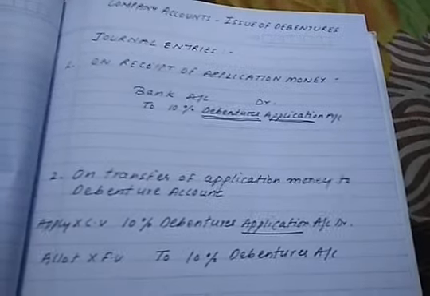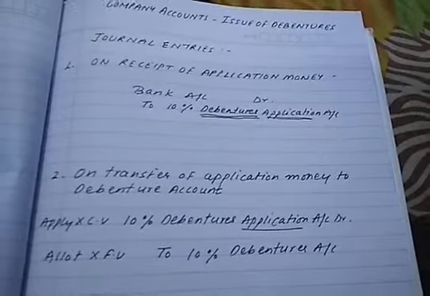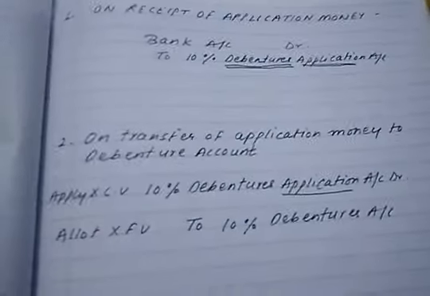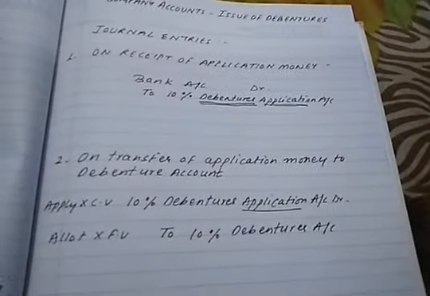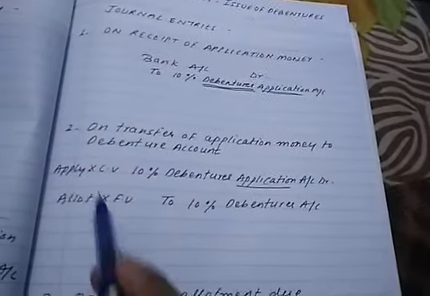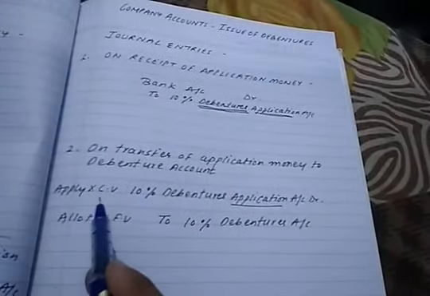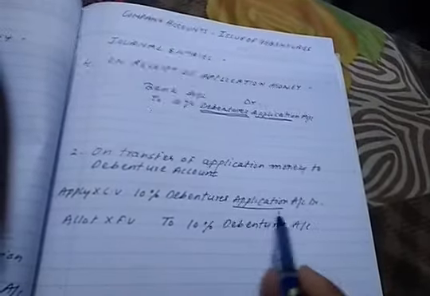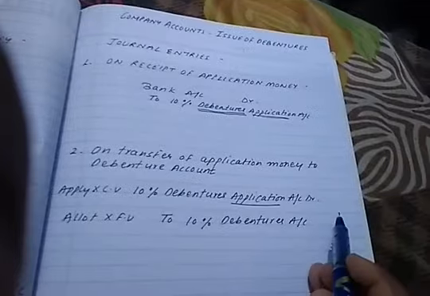Learn these two journal entries related to receipt of application money and transfer of application money to the debentures account. And keep in mind, whatever formula we used in the chapter shares, the same formula will be followed here to write the amount in the amount column in front of these journal entries.